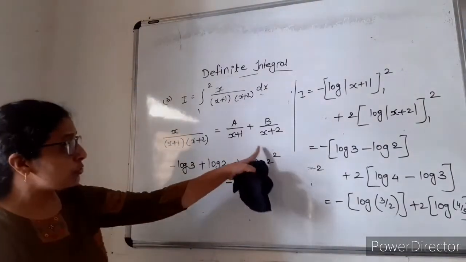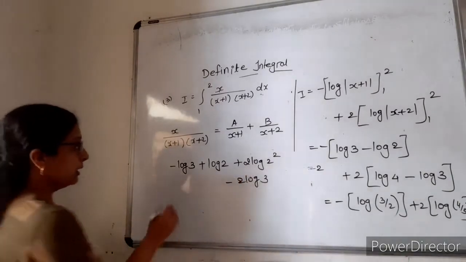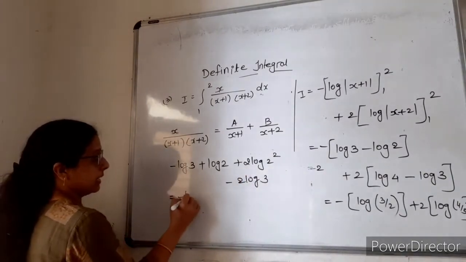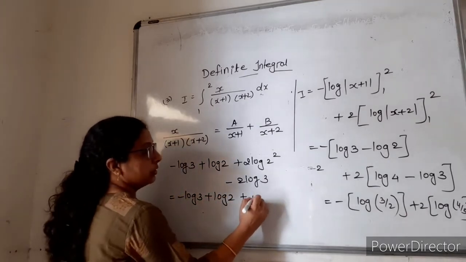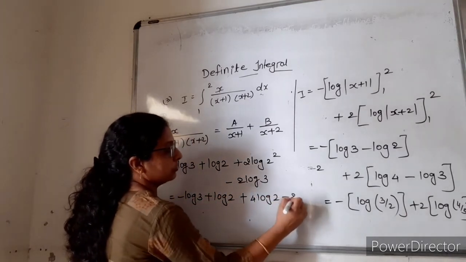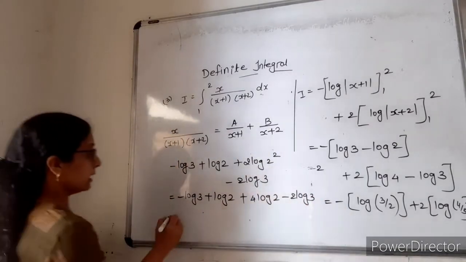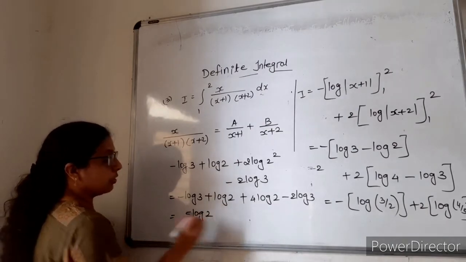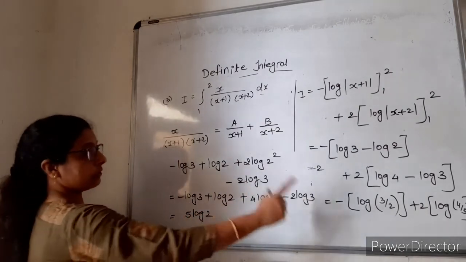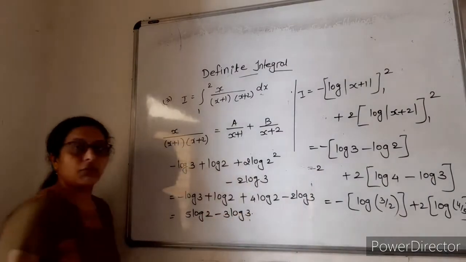So this 2 comes over here and it will become 2 to the 4, that is minus log 3 plus log 2, 4 log 2, minus 2 log 3. You can write like this also. Then log 2 plus 4 log 2 is 5 log 2, minus log 3 minus 2 log 3, that is 3 log 3. You can write?